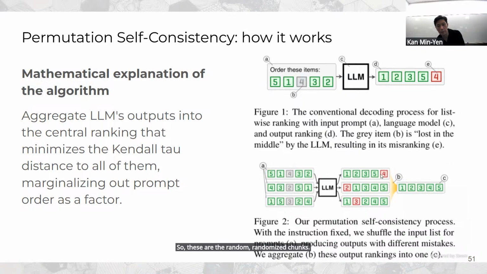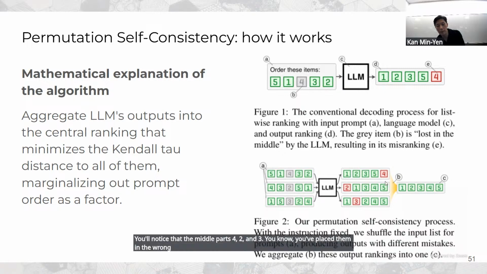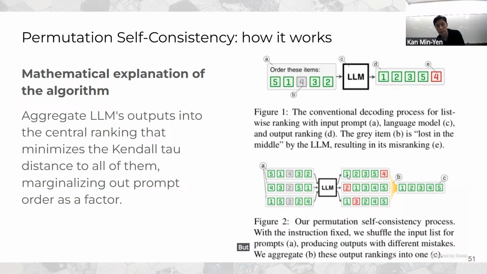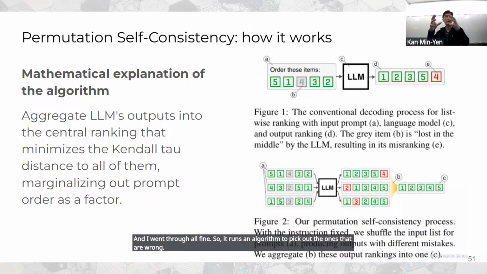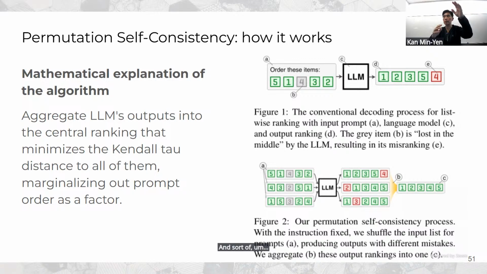After going to the LLM, you notice that the middle parts 4, 2, and 3, it'll place them in the wrong places. But notice that there's an order to the ones that are accurate, like 1, 2, 3, 5, and then 1, 3, 4, 5, and then 1, 2, 4, 5. So it runs an algorithm to pick out the ones that are wrong and find the correct ones and aggregate them into the correct sequence. So this is called permutation self-consistency.